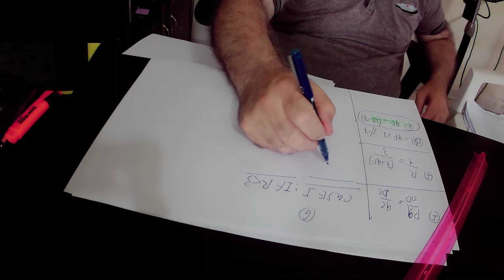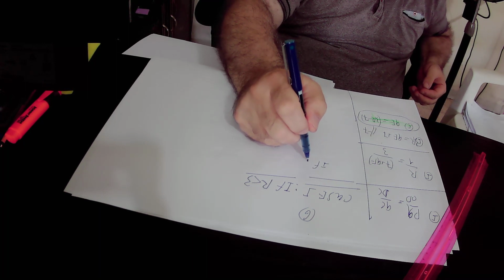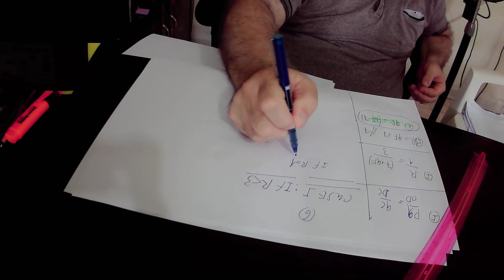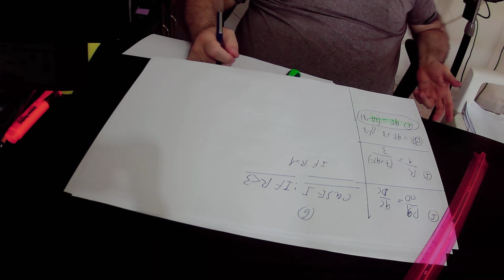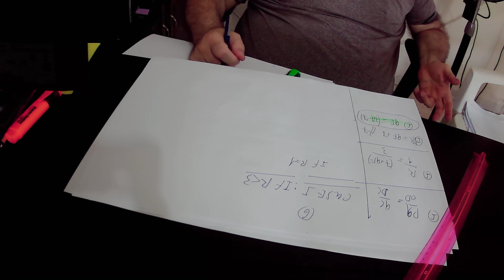When we say that R is less than 3 units, we have infinite possibilities for the value of R, of course.